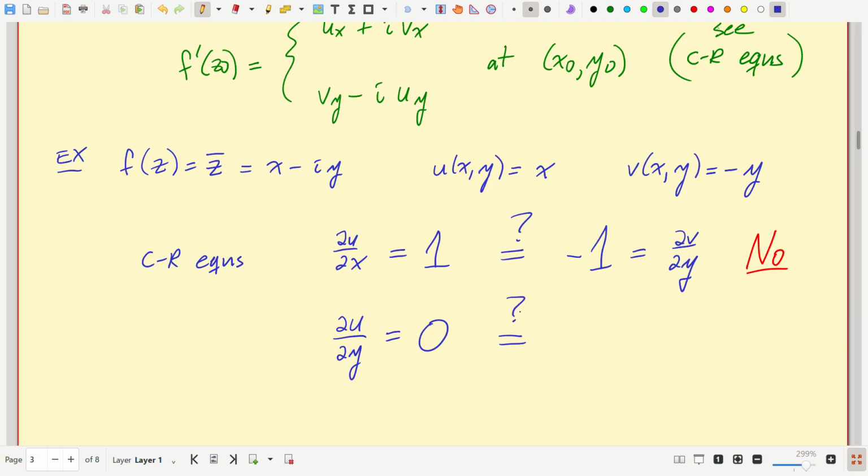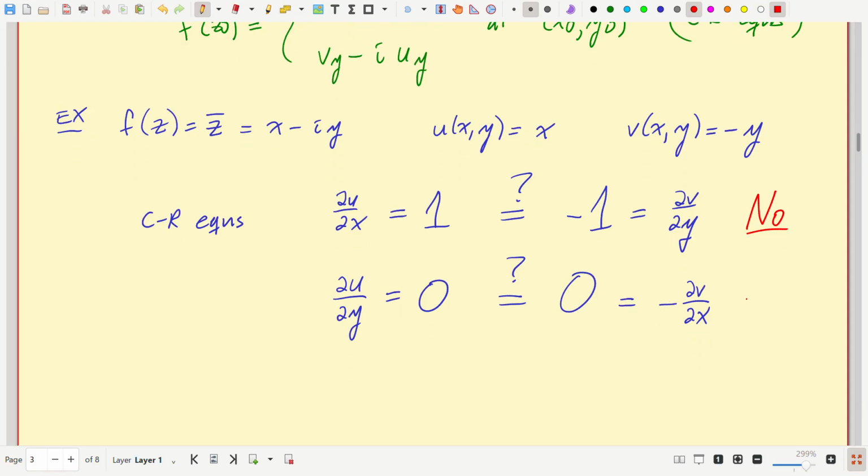And the other Cauchy-Riemann equation would be equals minus dv/dx. Minus dv/dx is also 0. That's a yes, but who cares? If one of them fails, that's all that matters.